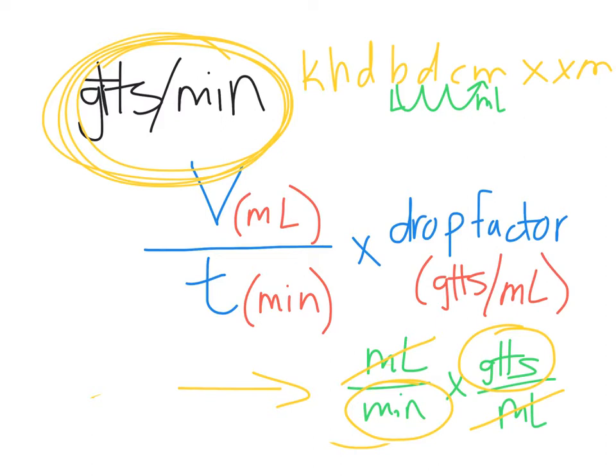So I want to give you guys an example problem here. So let me get all this craziness out of the way here. Okay, there it goes. Okay, so I'm just kind of standard here, just kind of basic. If I gave you a word problem that had some information in it, but it said that I want to calculate drops per minute, remember, I'm looking for three things: a volume, a time, and a drop factor.